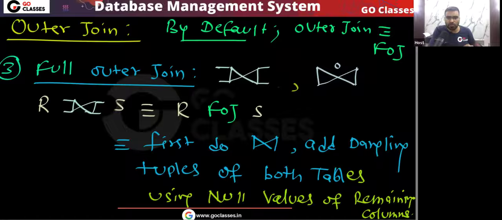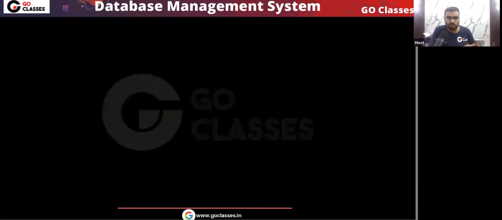Now let's see a lot of examples. But before that, one more thing I want to tell you. Tell me, if I write R and let's assume I use this symbol, O means outer join, and here I put a condition. Now you tell me what this means.